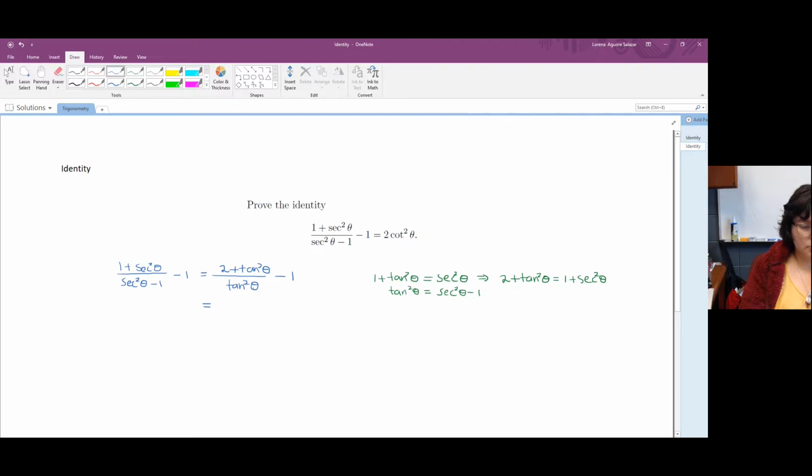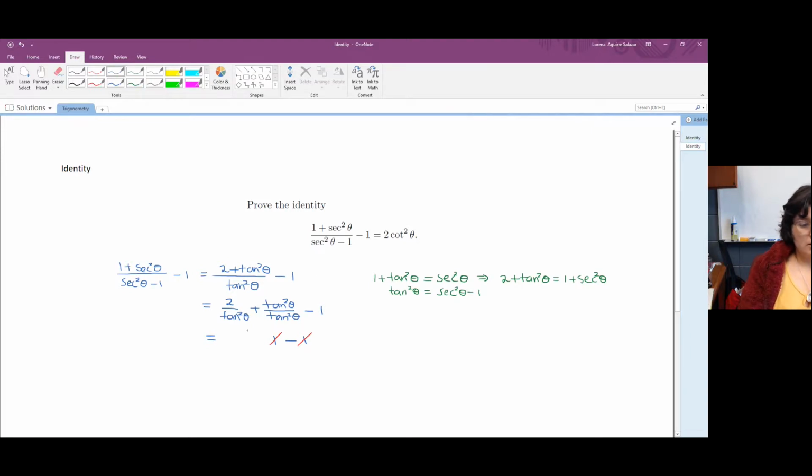We have 2 plus tangent squared of theta, all that over tangent squared. That's 2 over tangent squared of theta, plus tangent squared of theta over tangent squared of theta, and then take away 1. Because we're dividing tangent squared by tangent squared, we get a 1 there. Then take away 1, and 1 minus 1 is 0, so that part disappears.